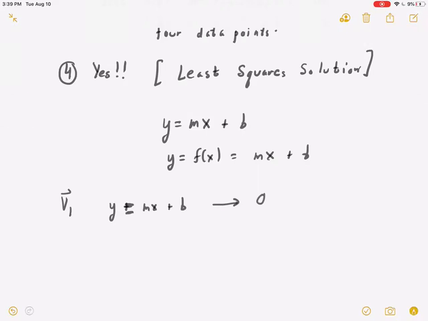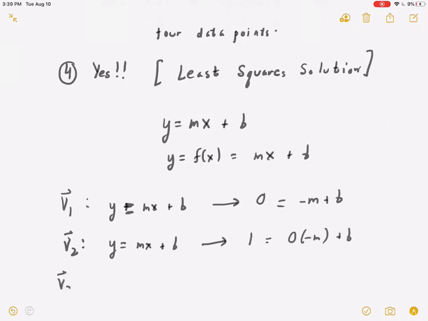So this would satisfy the following equation. For v sub 2, I know that x is 0 and y is 1. So I would get a second piece of information.